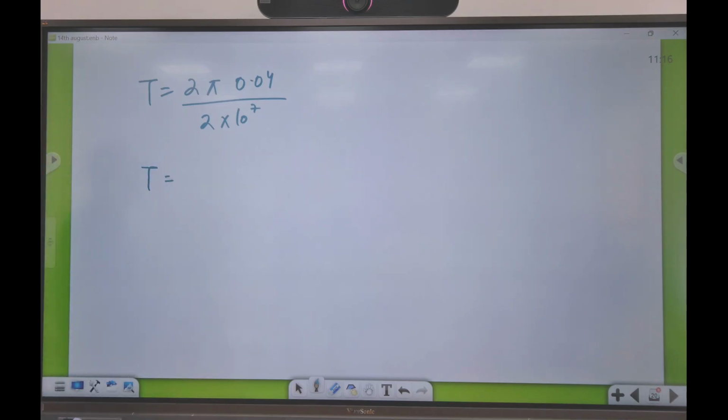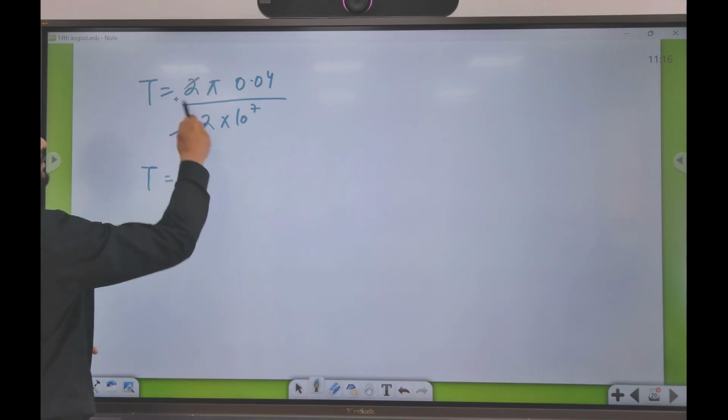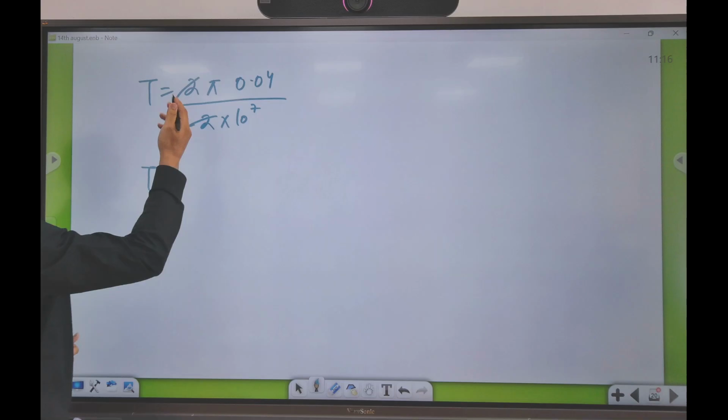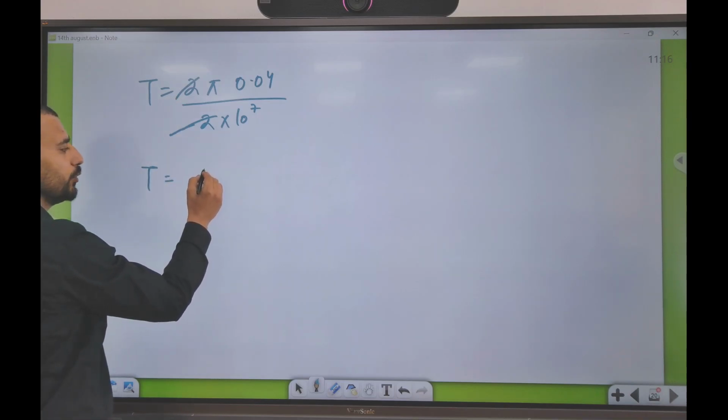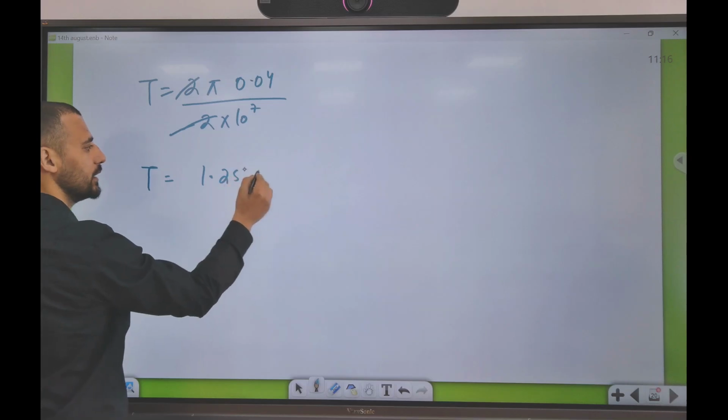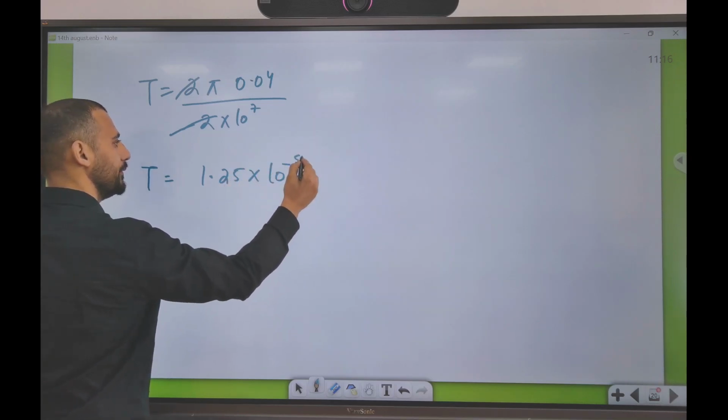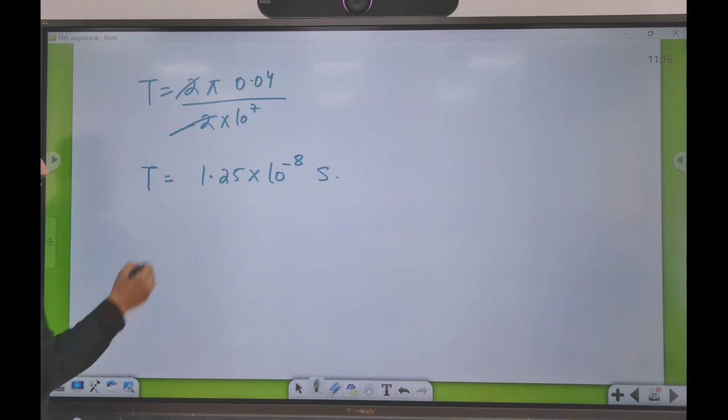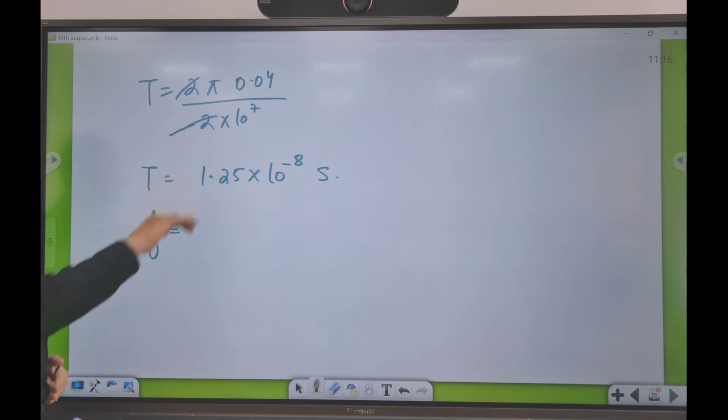So the time period is how much? Yes? 2 and 2 cancels out. So it is 1 point something times 10 to the power negative 9 seconds. Okay? Therefore the frequency would be the reciprocal, right?